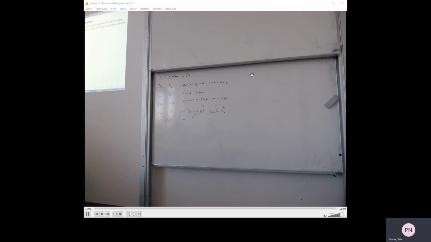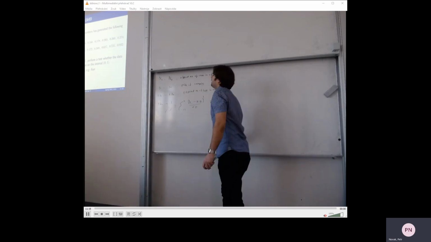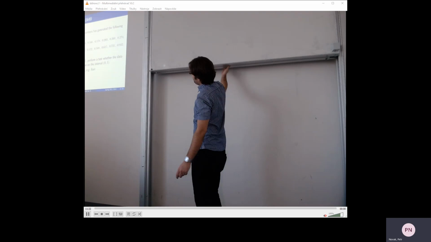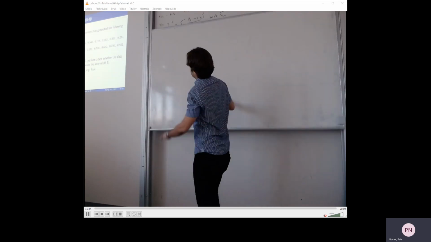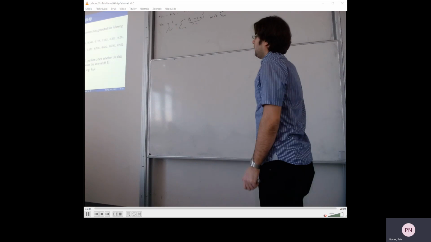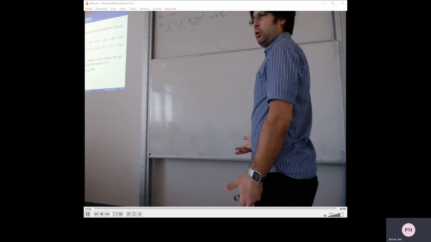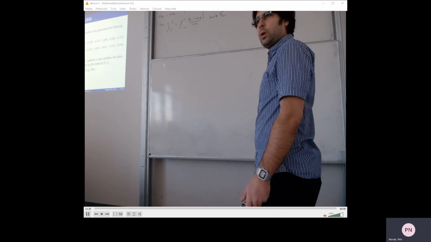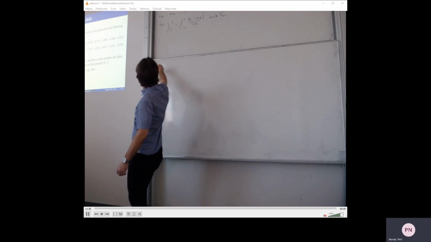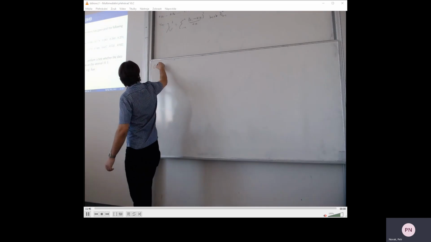Now, let's take a look at a simple exercise which looks like this. A random number generator has generated 20 values which look like that, and we want to test whether the data come from the uniform distribution on interval 0, 1. Okay, so exercise 6.1.